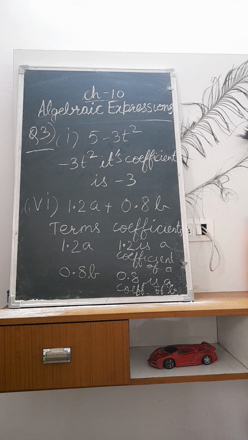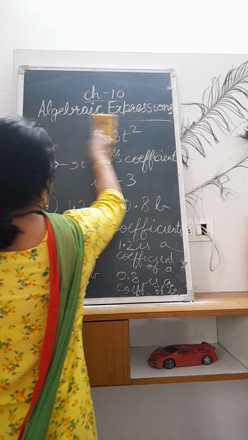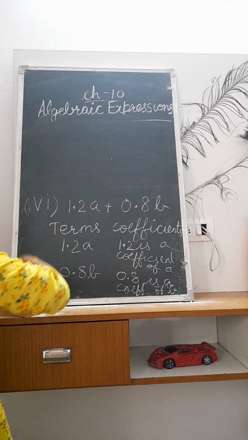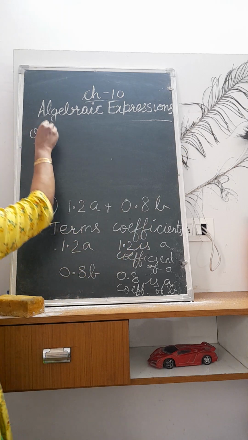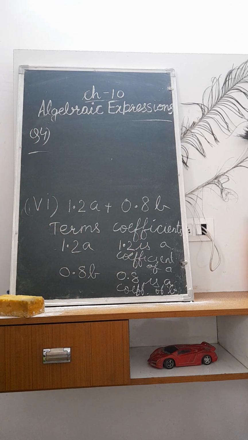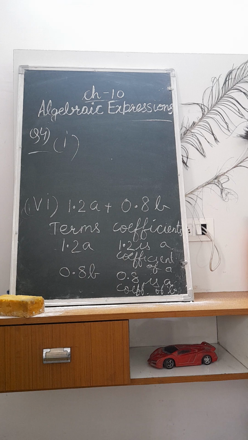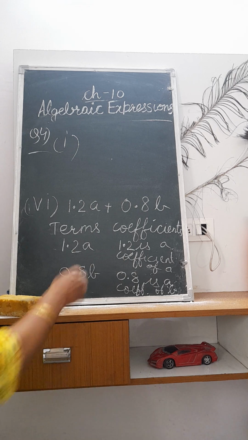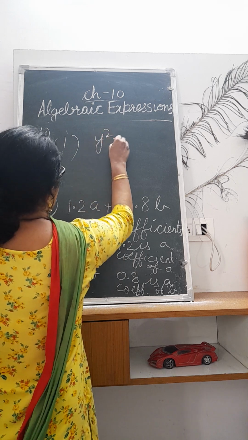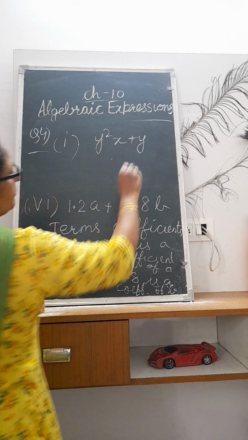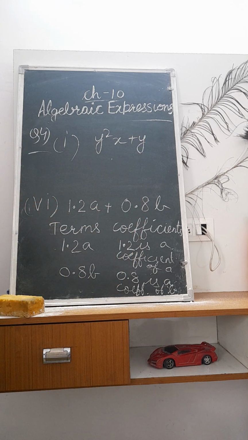Now next, question number 4 is written: identify the terms which contain x and give the coefficient of x. In the first part, y square x plus y, we have to write down the coefficient of x.